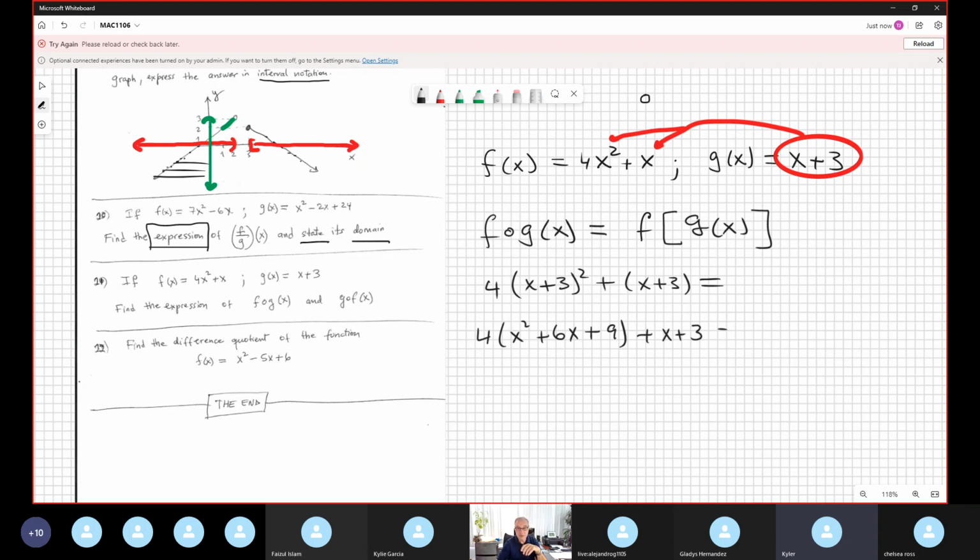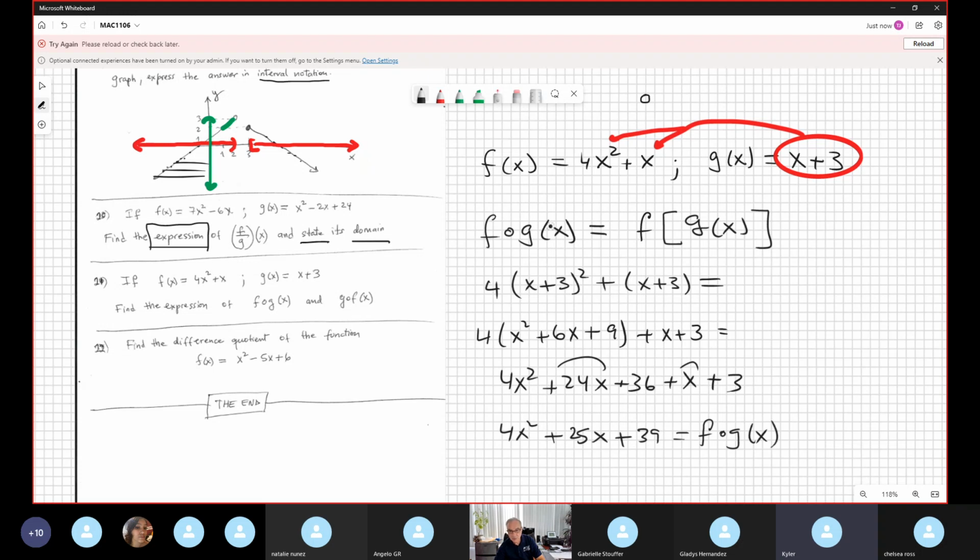I remove that parenthesis. 4x squared plus 24x plus 36 plus x plus 3. 4x squared plus 25x, 24 and x combined like that, and 36 plus 3 is 39. Boom. And this is the expression that corresponds with f composition g of x. Boom. Finals. End of the story.